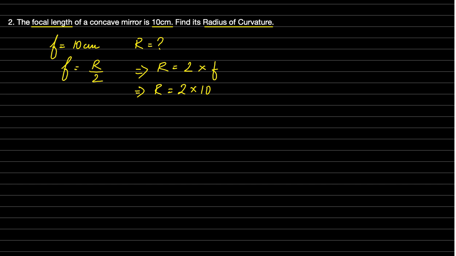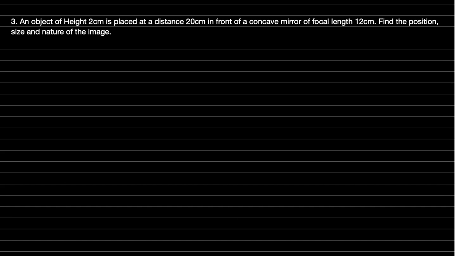The unit would remain the same, no need to convert to SI unit in light problems. So 2 into 10 is 20 centimeters. So we got the radius of curvature to be 20 centimeters. Very easy question this was. Getting into the next question.